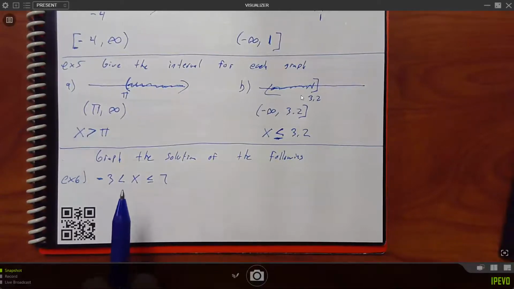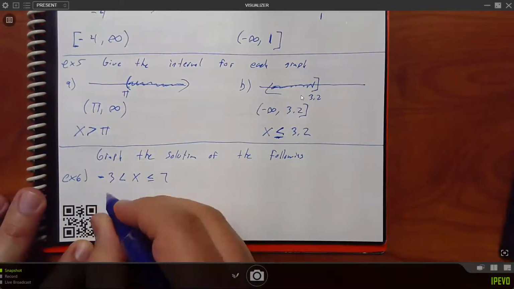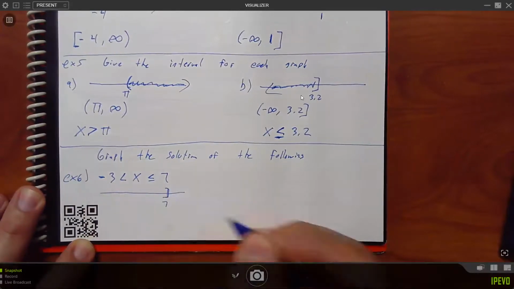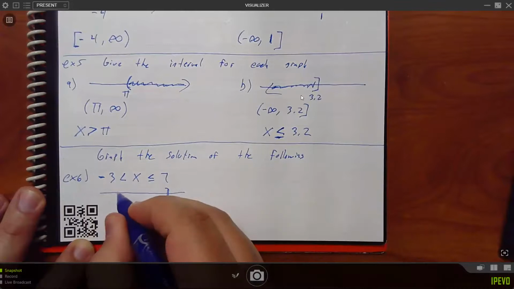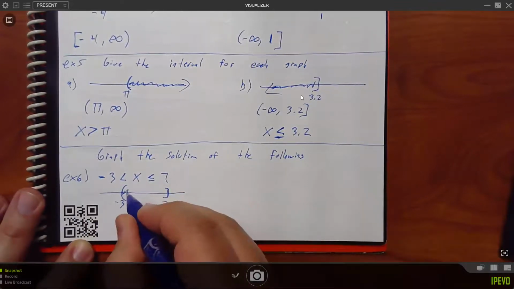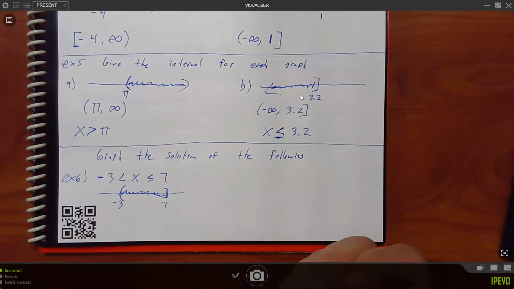See what I'm saying? So if you graph this, you would go to 7 and put a bracket, and on -3 you would put a parentheses. Everything inside is graphed. Does that make sense? And then as an interval, how would you write it?